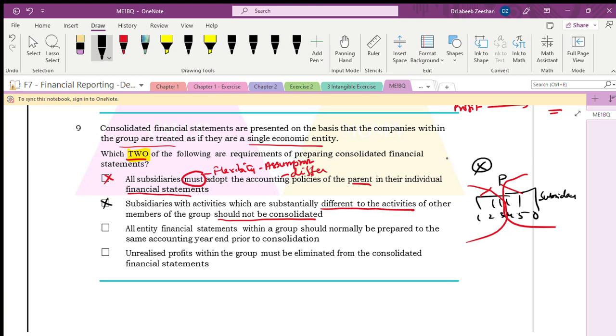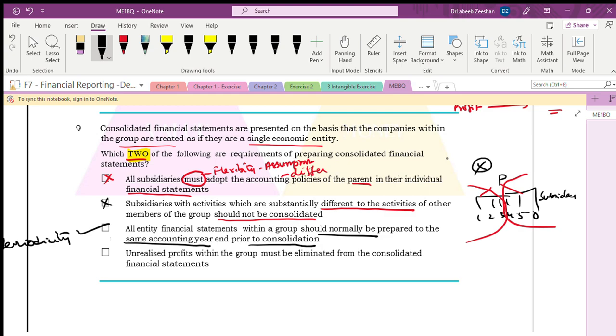All entity financial statements within a group should normally be prepared to the same accounting year and period prior to consolidation. That's very important. It means consistency; periodicity is the concept, the accounting period.